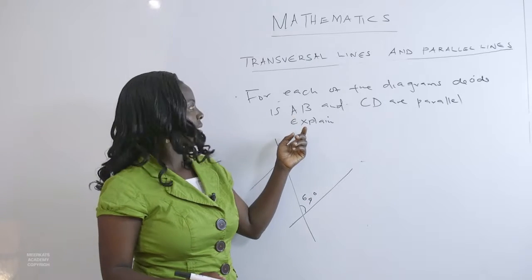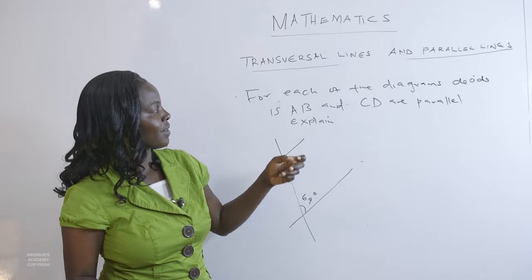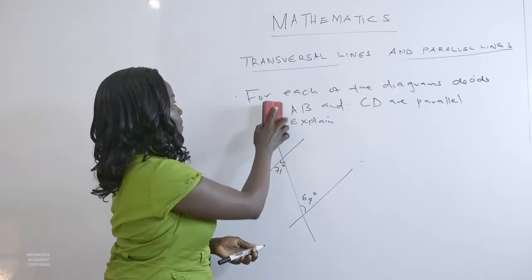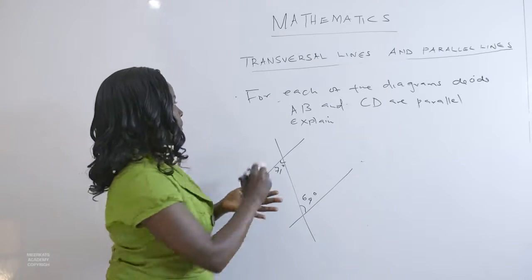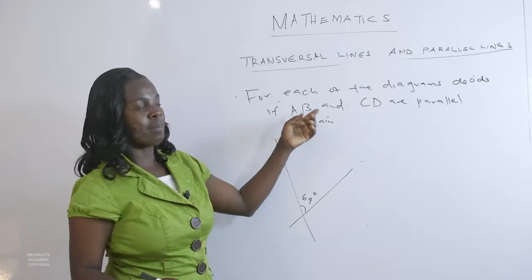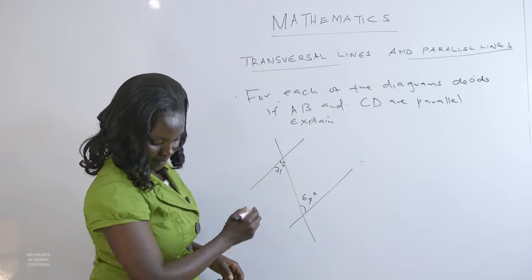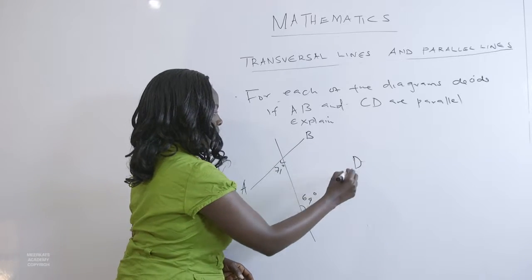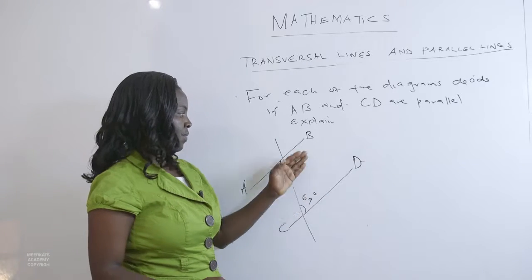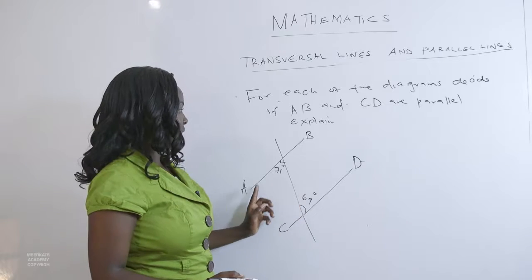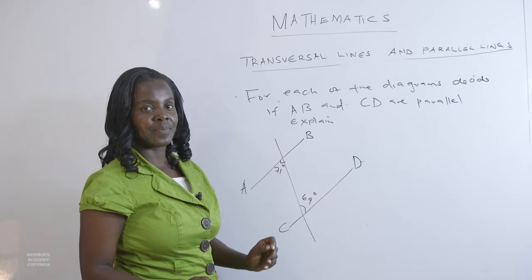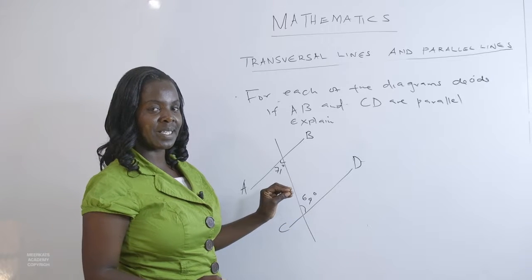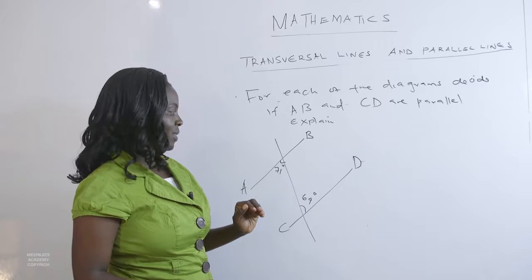So let's look at this example. For each of the diagrams, decide if AB and CD are parallel. How do we know from the information that we are given? We'll use the knowledge of corresponding angles, alternate angles, and cointerior angles.